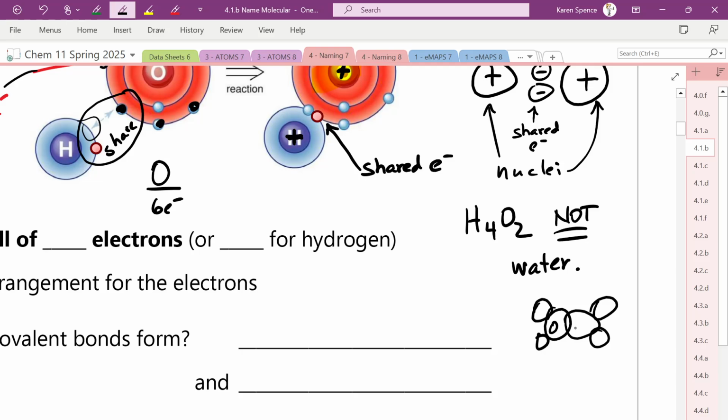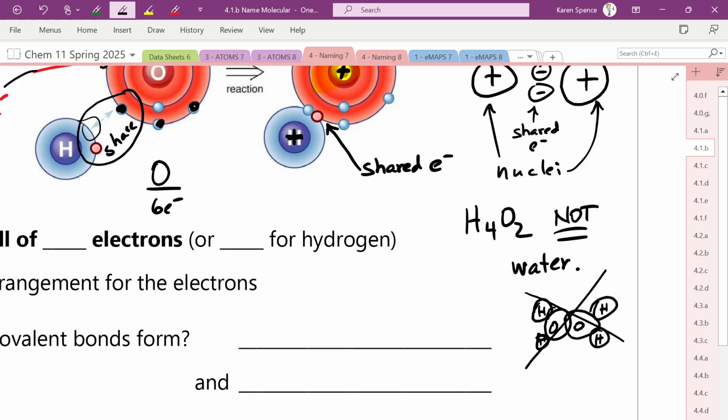Okay? No such thing. Does not exist. So this is why we don't use the simplest formula for molecules, because covalent compounds, when we give you the number of atoms in that molecule, that is the exact number of atoms in that molecule.